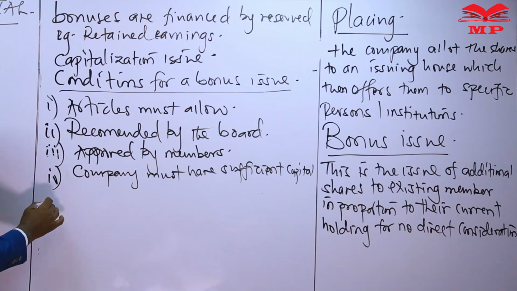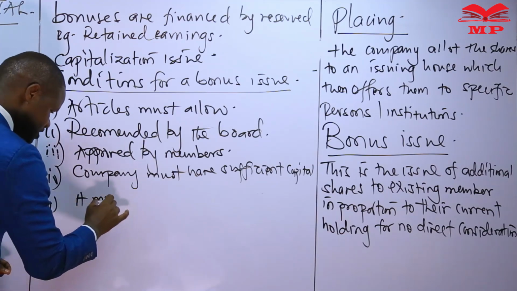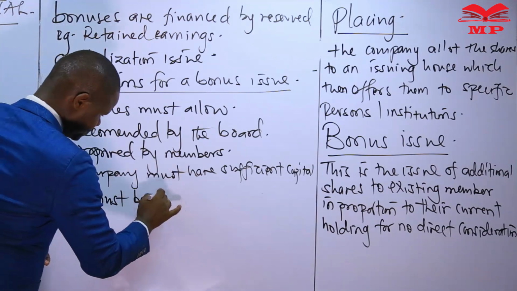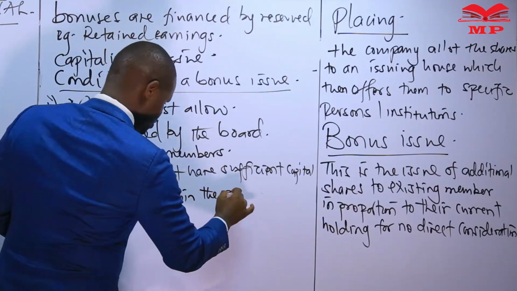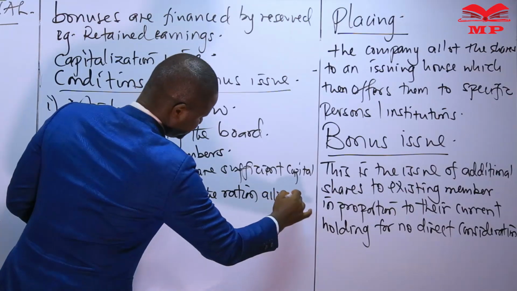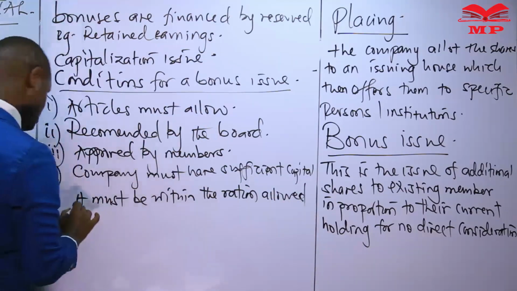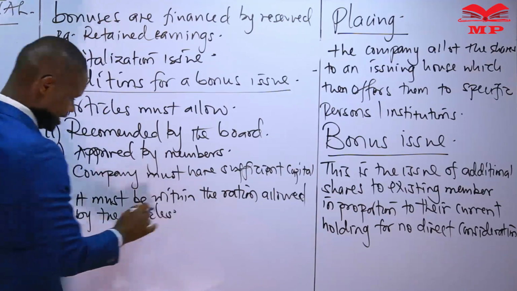The other condition that we must also be meeting is that it must be within the ratio allowed by the articles.